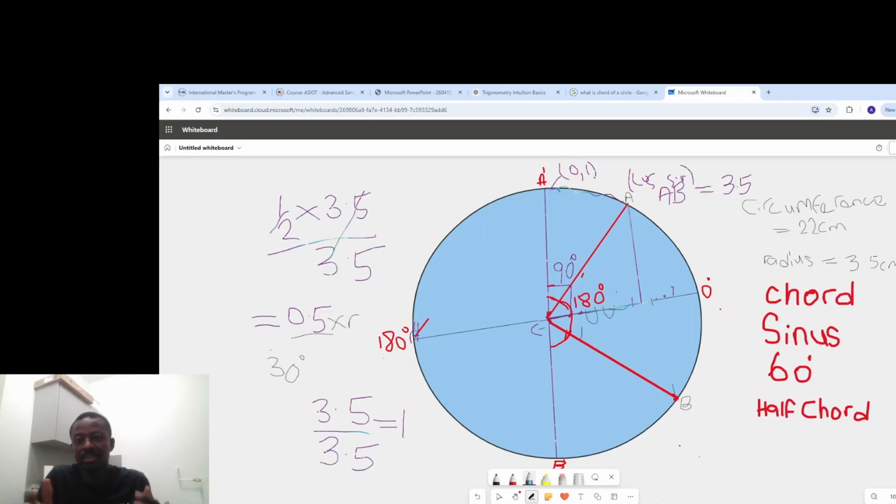So this somehow explains how cos 90 is 0 and sine 90 is 1.